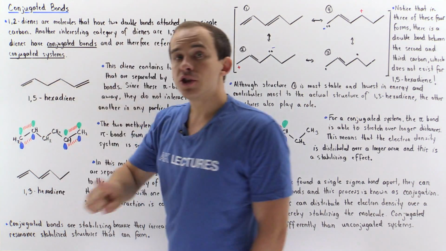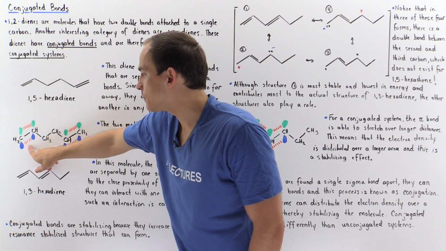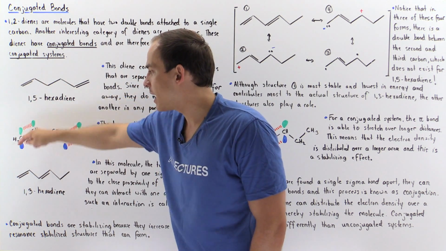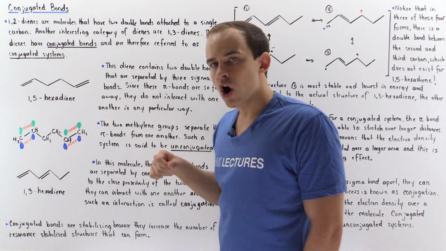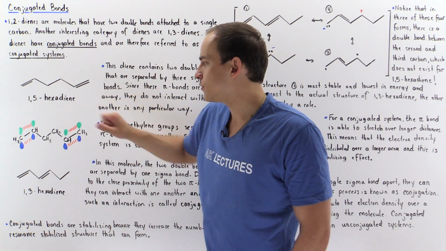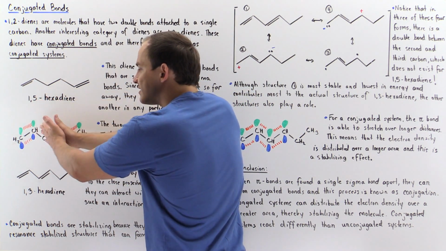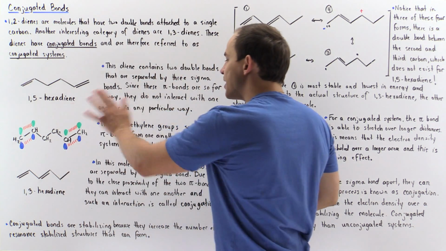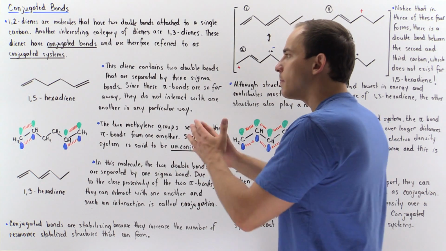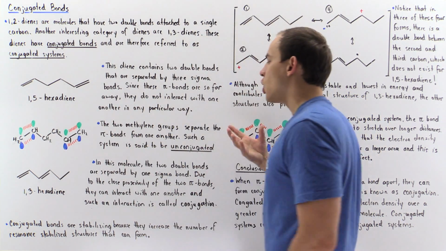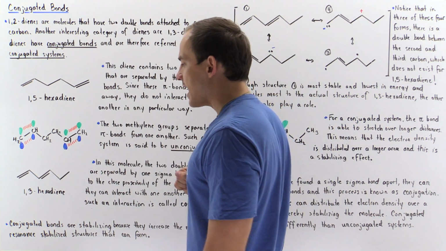So we have the two p orbitals of the first and second carbon interact with one another, forming our pi bond shown by this orange dashed line, and between the 5th and 6th carbon we have the two p orbitals interact to form the second pi bond. And because these two methyl groups separate these two pi bonds, they will not interact with one another, and such a system in which the pi bonds are found far away is known as an unconjugated system. That is, there is no conjugation.